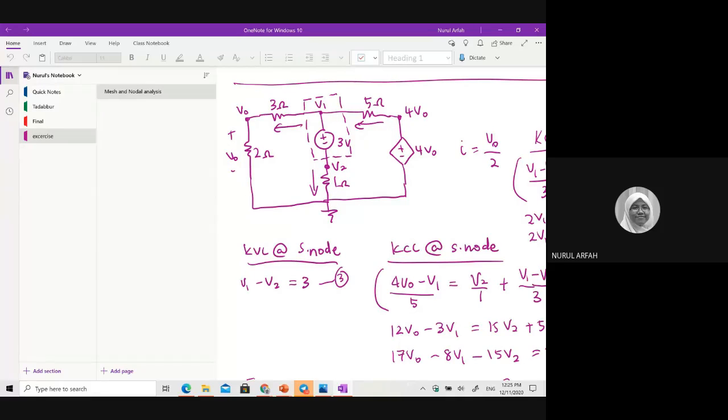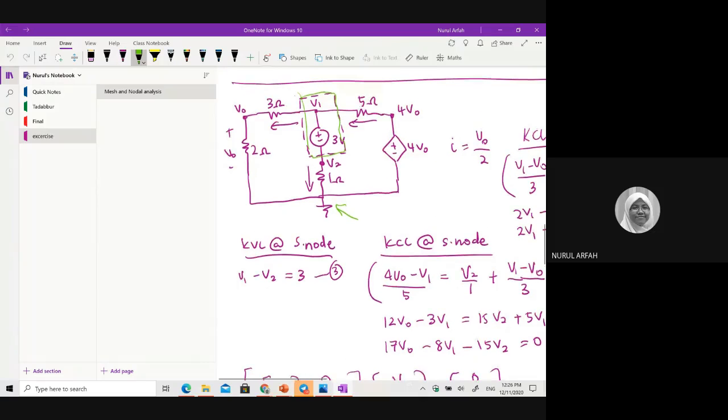All right. And then, but if you can also answer this using nodal analysis, but you need to put the reference point here, and then when you put reference point down here, you're going to have the super node here. And when you have this, you just apply KVL and KCL at super node.